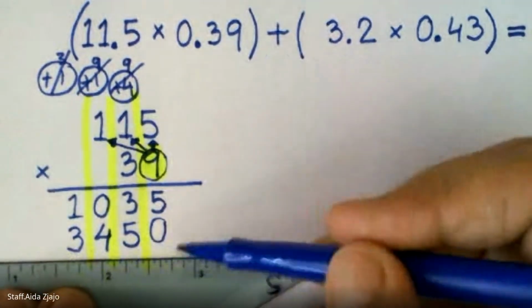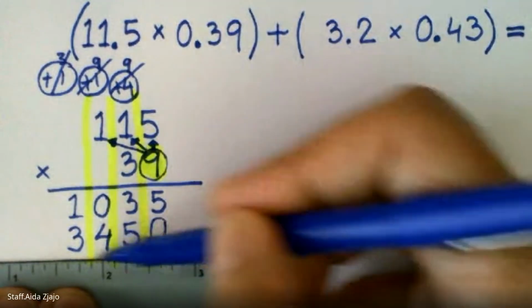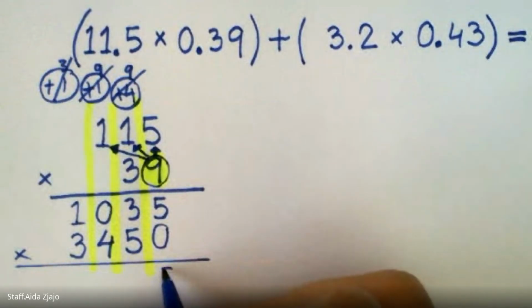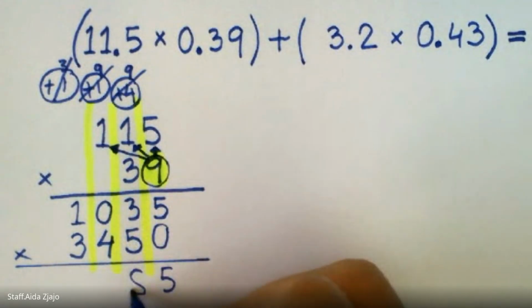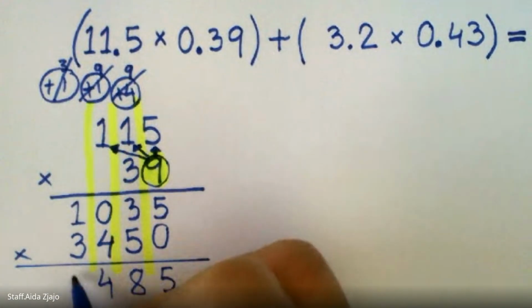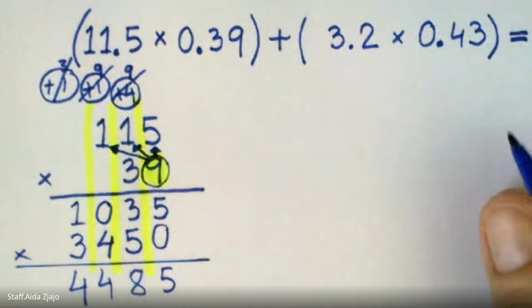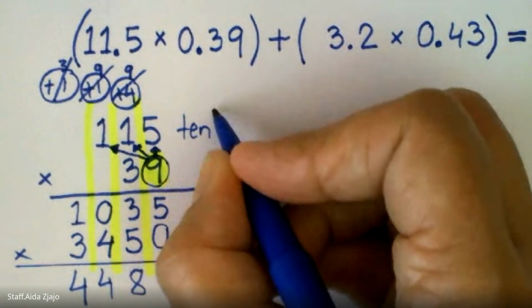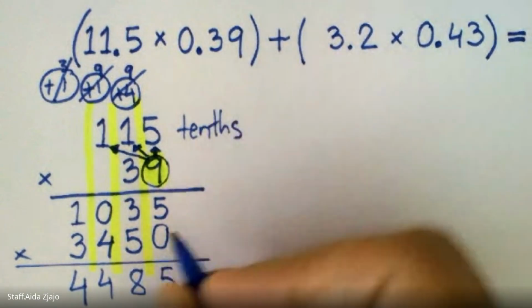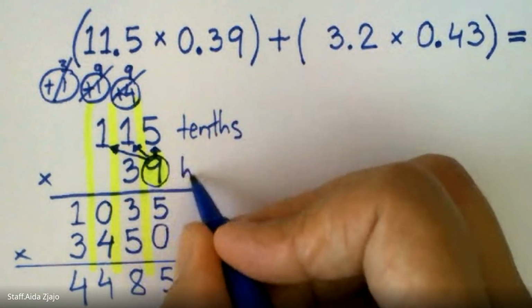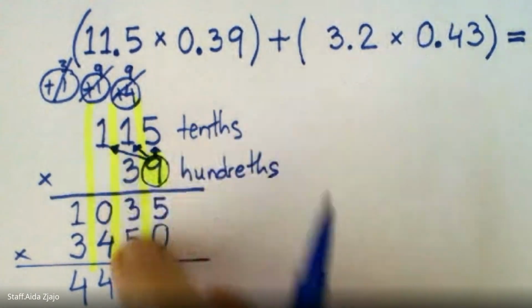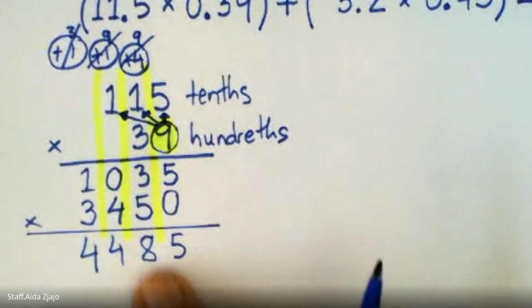This would be 5, 8, 4, 4. If these were whole numbers and not tenths and hundredths, the answer would be 4,485.